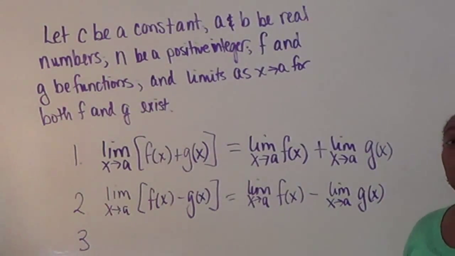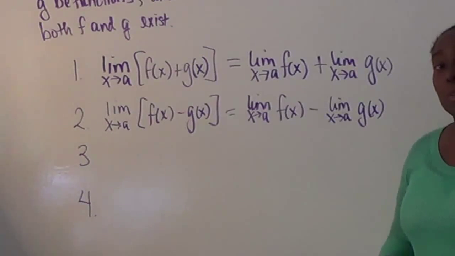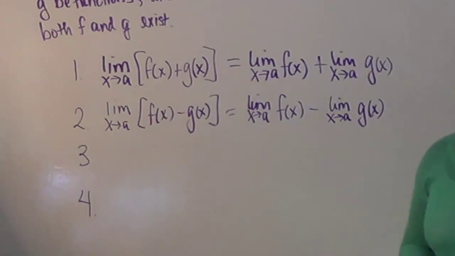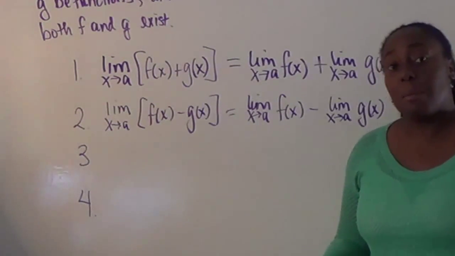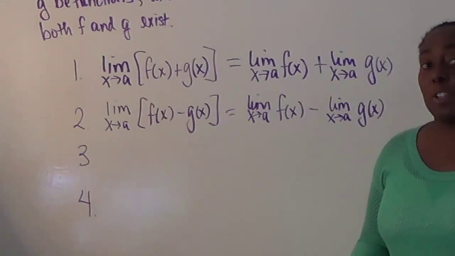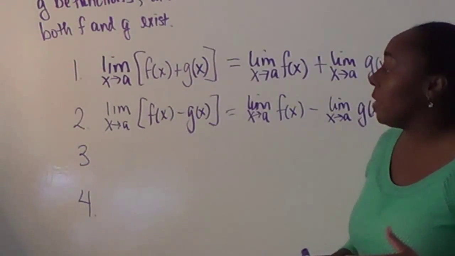And then we have multiplication. But unlike with real numbers, we have two different types of multiplication. We have a multiplication of limits, but then we also have what we call scalar multiplication, and this is where a constant comes in.